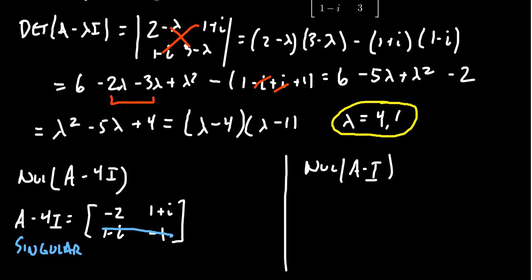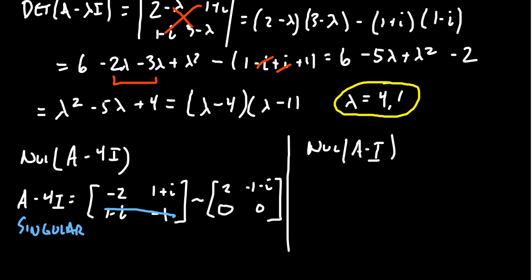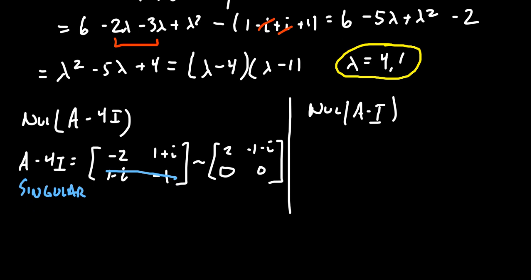Otherwise, this thing would be a non-singular matrix. Since it's singular, we know this thing can row reduce to be, I'm going to multiply the first row by negative 1 as well, 2, 1 minus i over 0, 0. And the reason I do that is then you can divide by 2 if you want to.